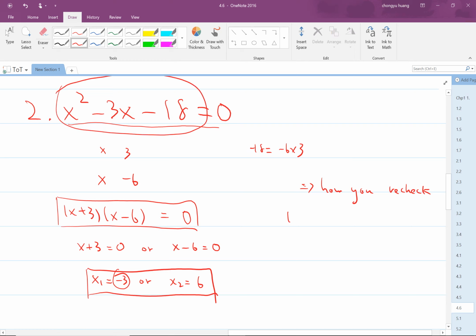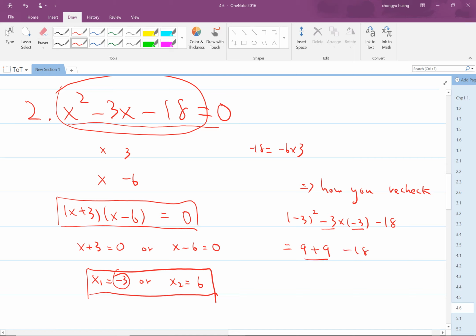So negative 3 squared minus 3 multiplied by negative 3 minus 18. Negative 3 squared is 9, and then negative 3 multiplied by negative 3 is another 9, and then minus 18.